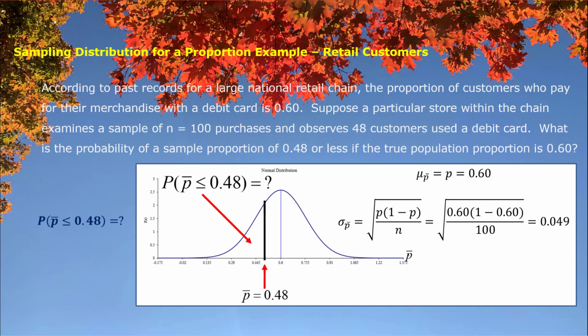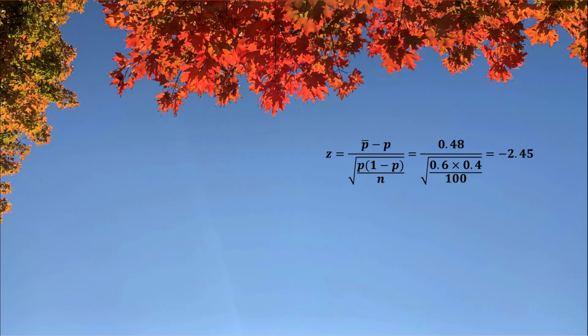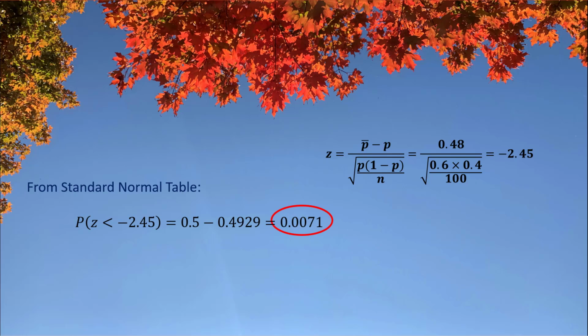Here is how the event and the corresponding probability are described in the chart. We can apply the Excel function directly and find the answer. Alternatively, we can calculate the standard value for this specific sample proportion. The standard value is negative 2.45. We can check the standard normal distribution table, or apply the Excel standard normal distribution function.